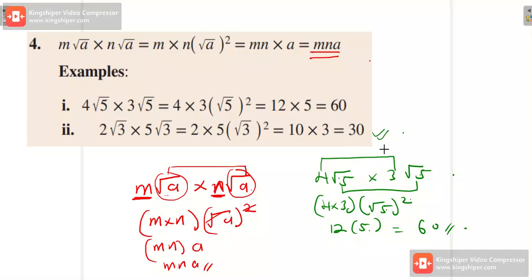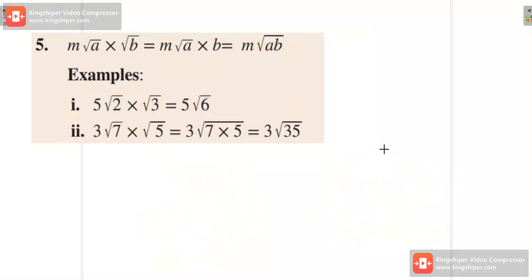Let's move on to the next concept. Here we have M root of A times root of B. So what is happening here? You realize that the radicals are different, and there is also one rational number here.